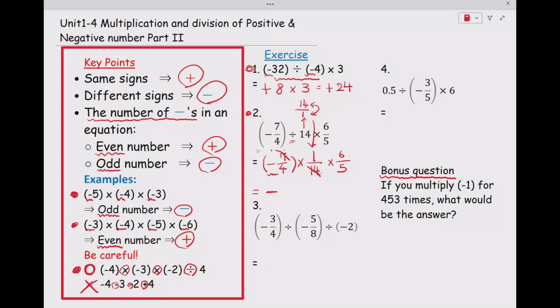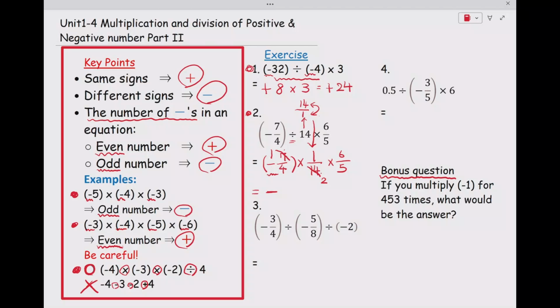Then the numerator would be 1, and the denominator would be 2. So the original equation would become 1/4 times 1/2 times 6/5. How do you like it? The numbers are getting smaller, aren't they?